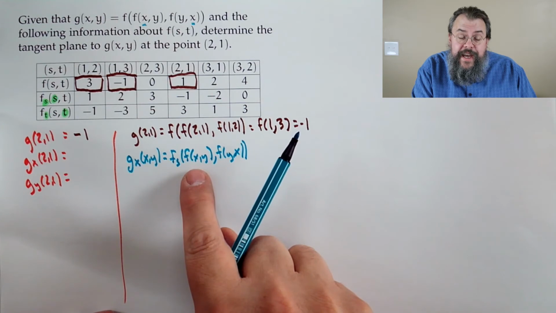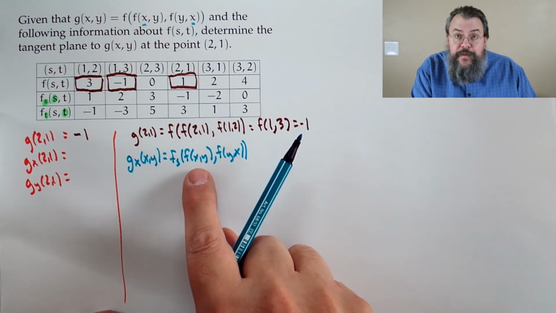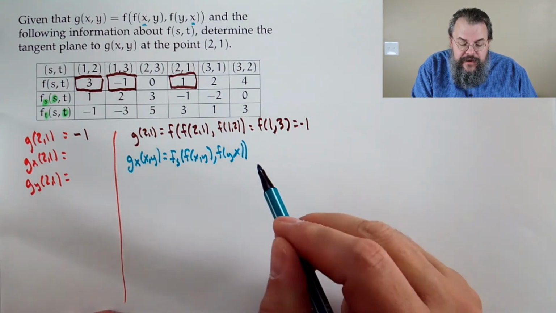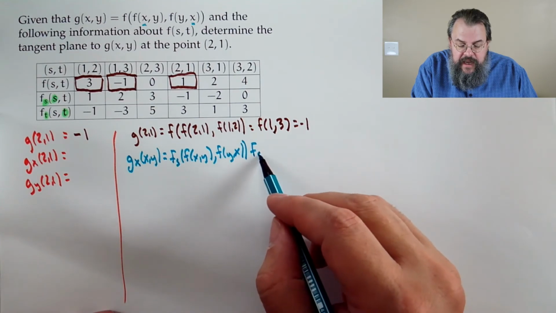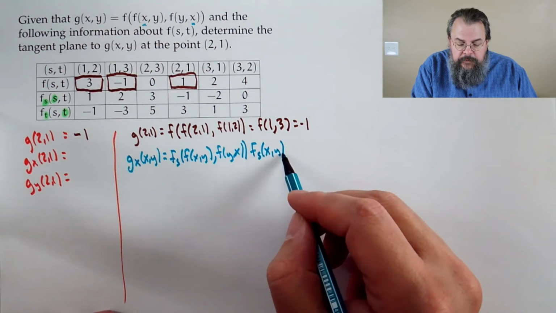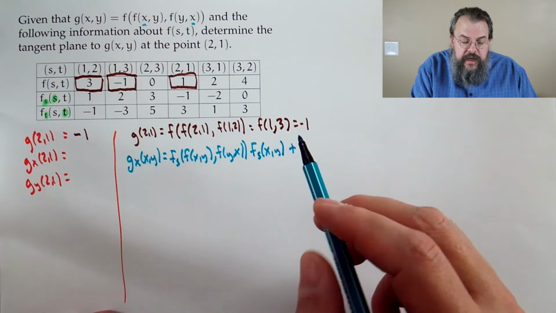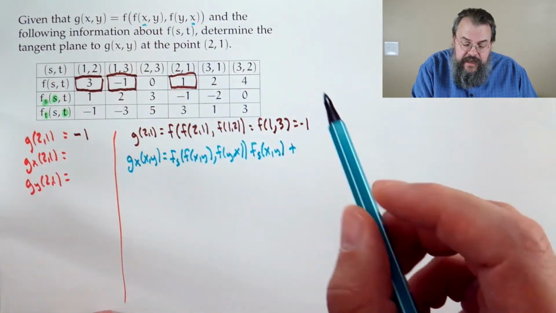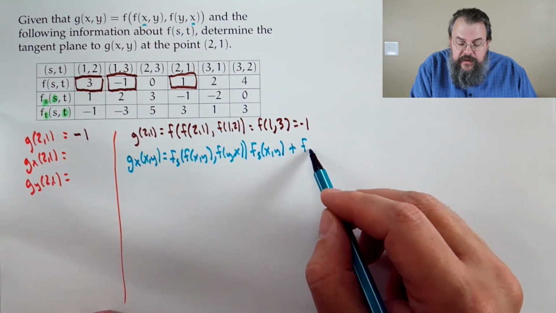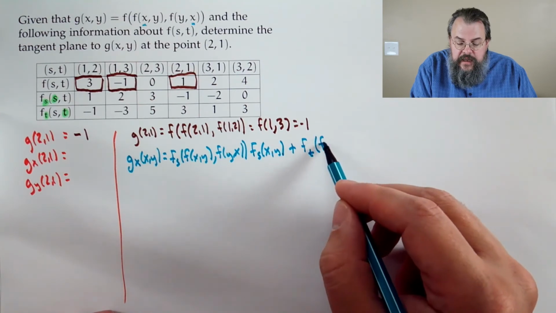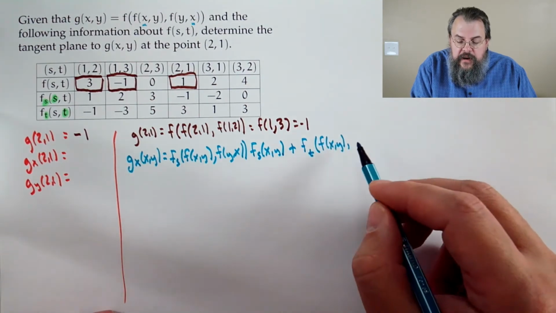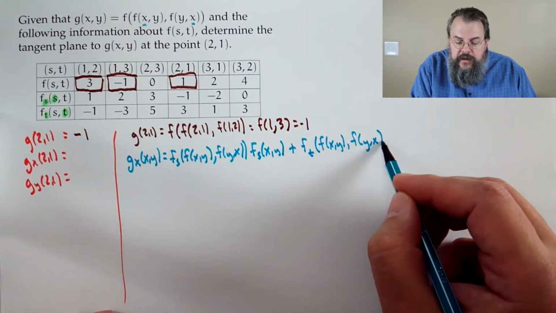Here, where does the x show up? It shows up in the first slot again. So that's f sub s of (x, y). Plus, okay, now I go to the fact that it showed up in our second slot. f sub t. The insides still are what they are.